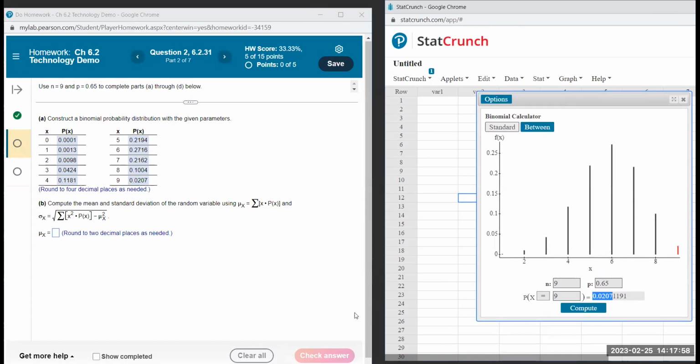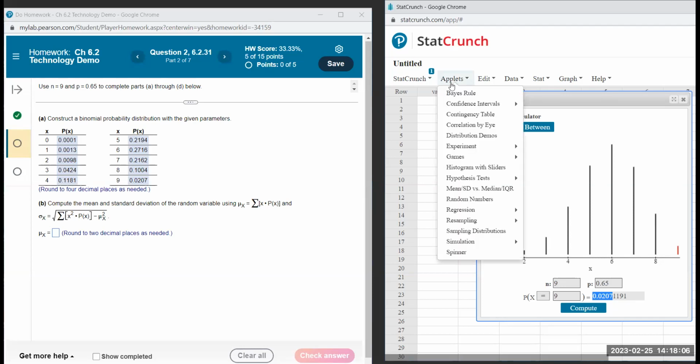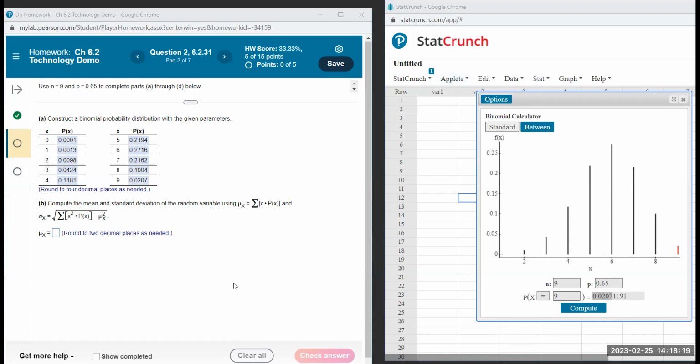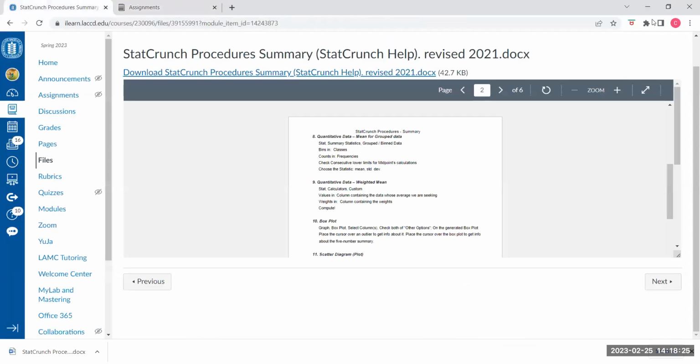I also posted the handouts that you're allowed to use in StatCrunch. In Canvas, in terms of like the exams, there's two handouts. One of them is like the StatCrunch instructions, and the other one is, let's see if I can find it. The other one is like, this is for the StatCrunch procedures.